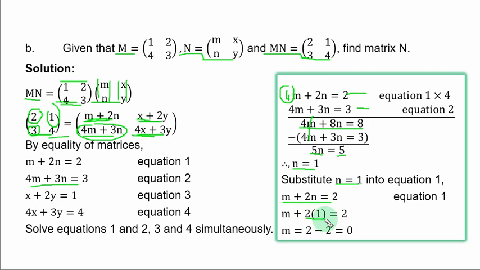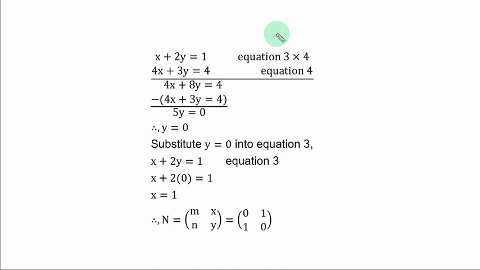So you have m plus 2 times 1 equal to 2. That is m equal to 2 minus 2, and you have 0. So you know you have to find matrix N now. So you know m and n. If you solve equation 3 and 4 simultaneously, you get s and y.